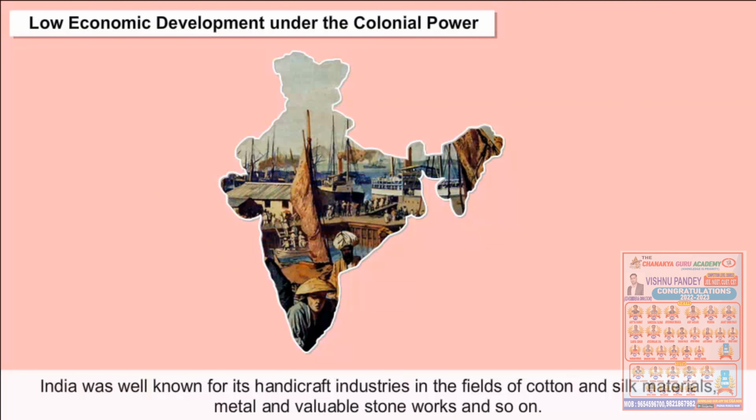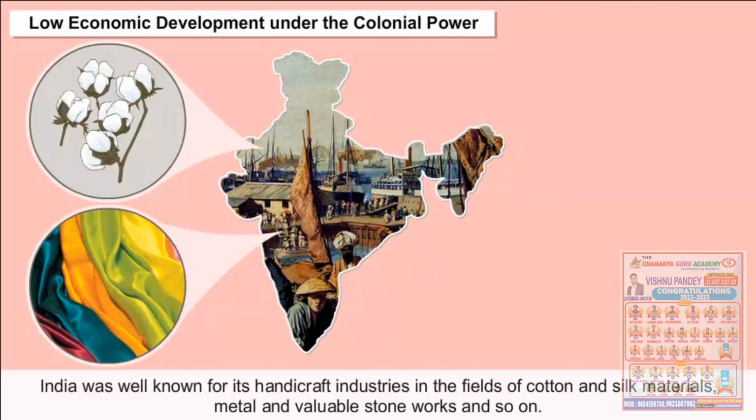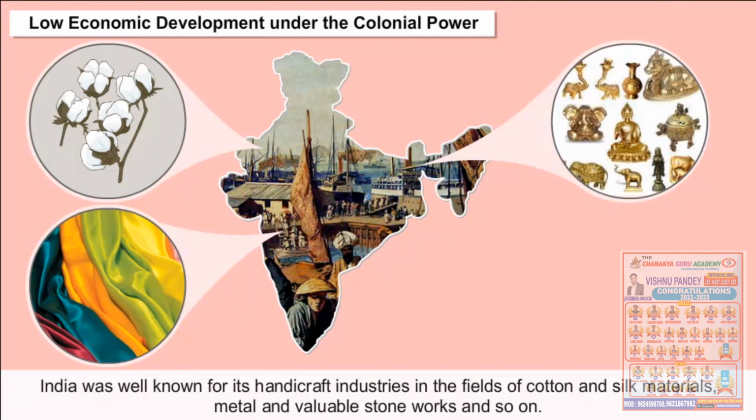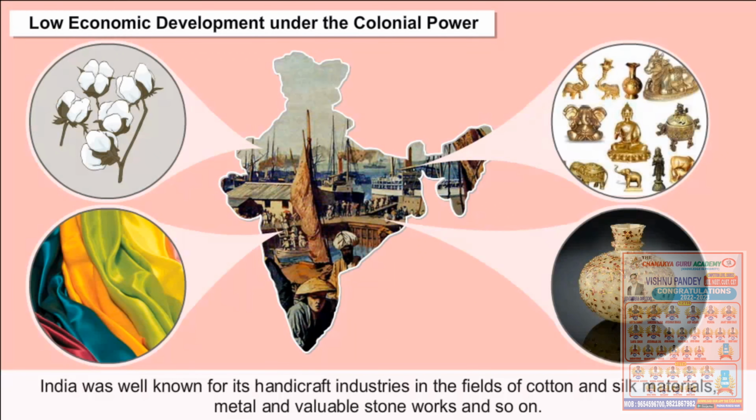India was well known for its handicraft industries in the field of cotton and silk materials, metal and valuable stoneworks, and so on. These items were of awesome notoriety globally due to the use of excellent quality raw materials.